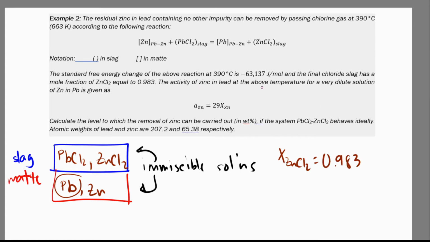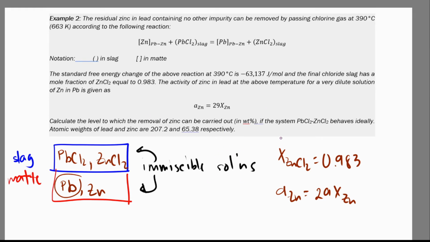The activity of zinc and lead at the above temperature for a very dilute solution of zinc and lead is given as the activity of zinc is equal to 29 times X of zinc, or the mole fraction of zinc. So we are to calculate the level to which the removal of zinc can be carried out in this reaction in weight percent if the system PbCl2, ZnCl2, or the chloride slag behaves ideally. Atomic weights of lead and zinc are 207.2 and 65.38 respectively.